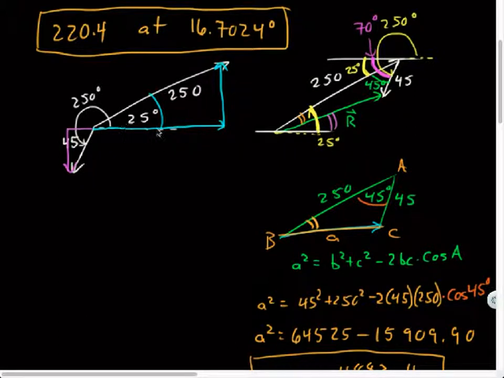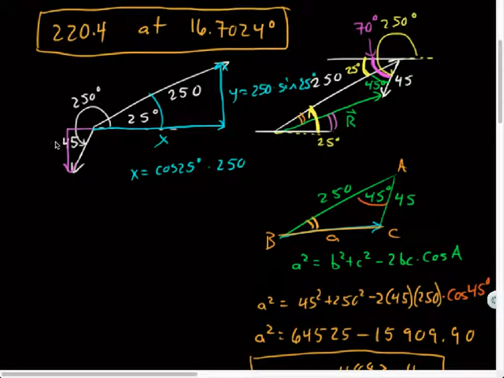I could have found the horizontal component for this. If this is x and this is y, x would equal the cosine of 25 times 250, or 250 times the cosine 25. Y would have ended up equaling 250 times the sine of 25.